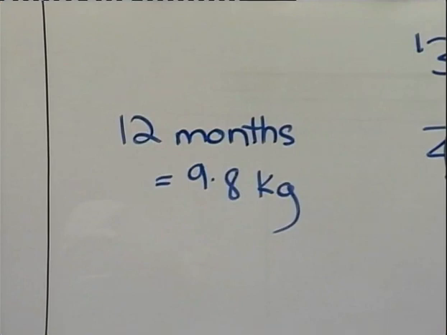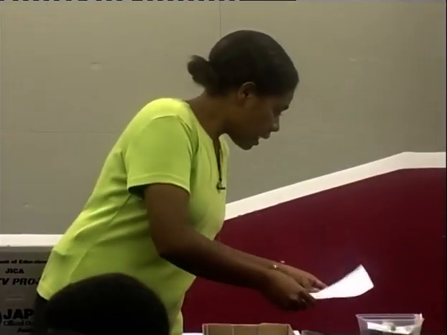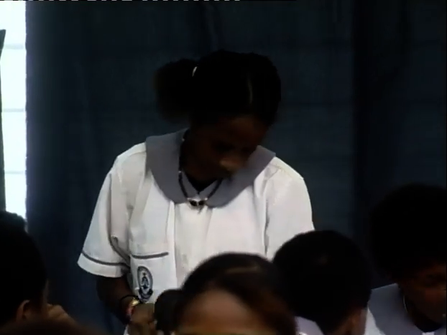Question number 3, just read out your answer, please, quickly. How many kilos did the baby weigh in the first month of the year? Our answer is 0.3 kilogram. You others agree with that answer?